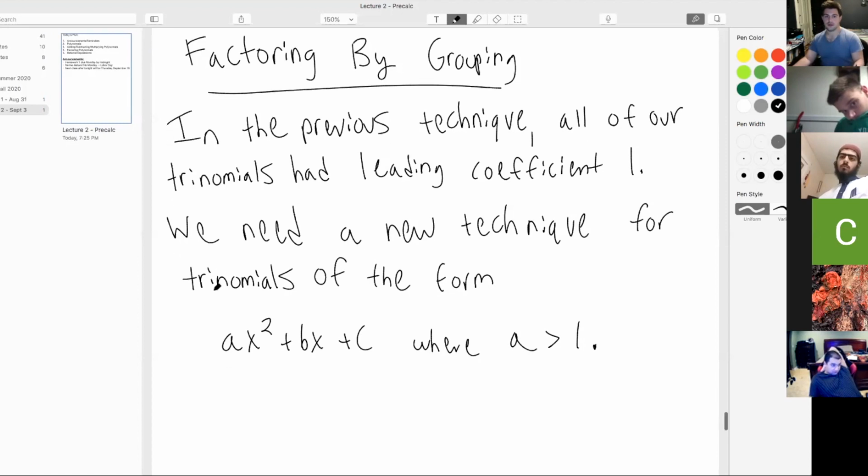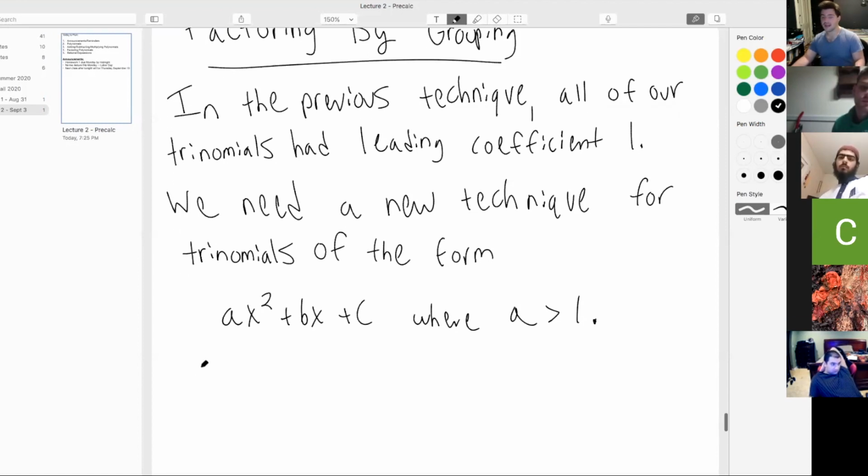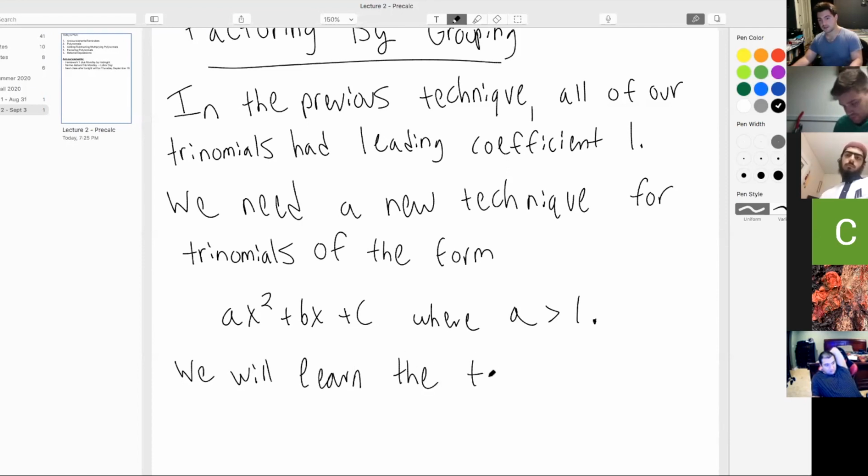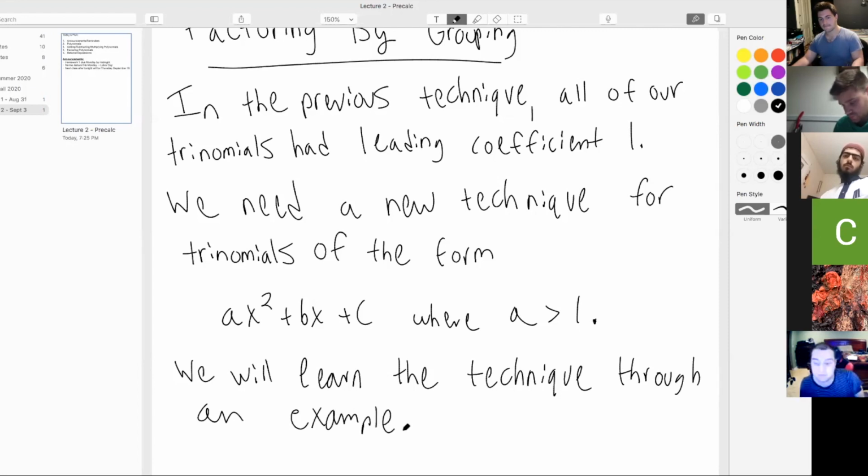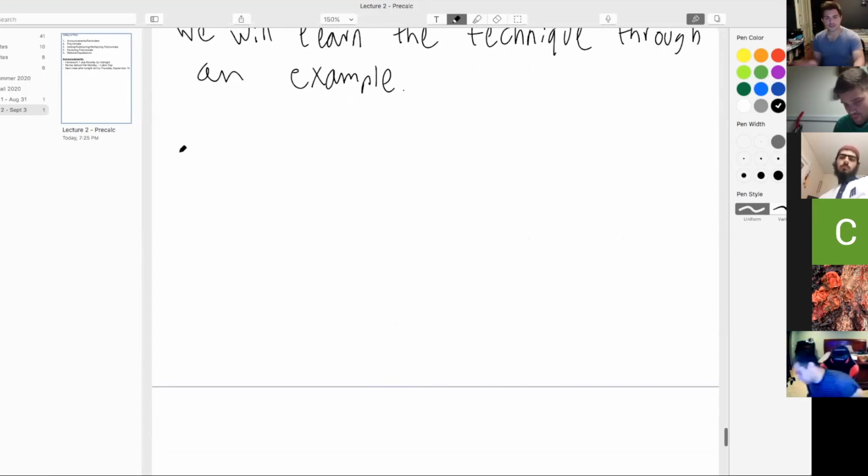All right. So we're going to learn this technique through an example. Let's go straight to the example.